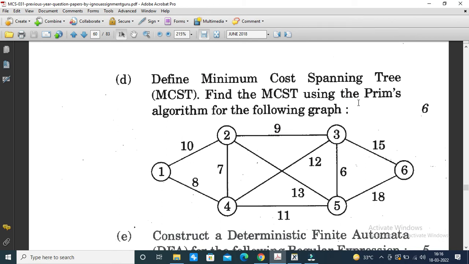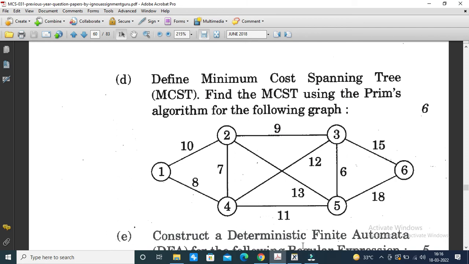It means such a tree which has the minimum weight on all these vertices or edges. So we have two algorithms to solve the minimum cost spanning tree problem, Prim's or Kruskal. Because they have asked in this question about Prim's algorithm, I will explain the steps of Prim's algorithm, right? Okay, so I have to write this graph.